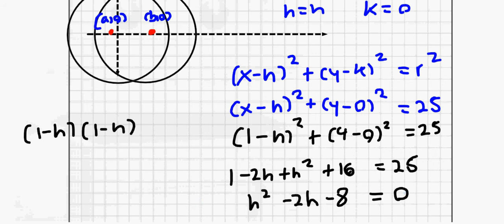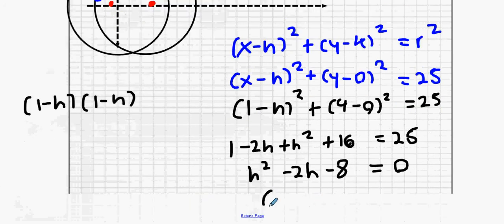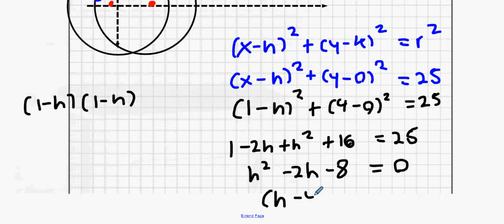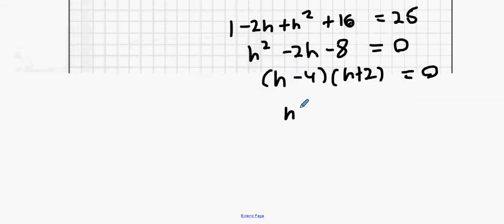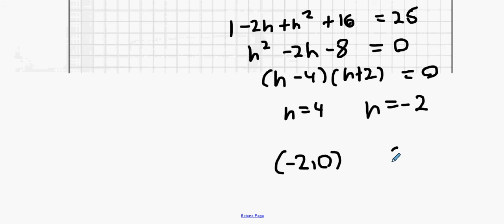Then we get (h minus 4)(h plus 2) equals 0, and h equals 4 and h equals minus 2. So the two centers of the circles are (minus 2, 0) and (4, 0).